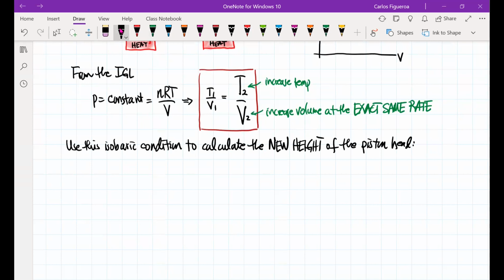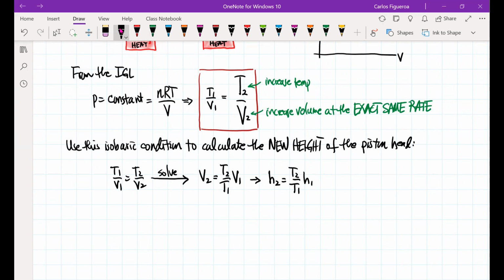If I do that, then T1 over V1 has to be T2 over V2. Now I'm going to solve for V2, and you could see that this is going to be T2 over T1 times V1. That really means that H2 has to be T2 over T1 times H1, where the areas cancel.